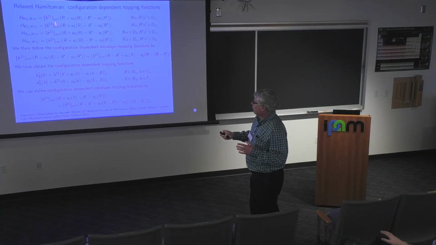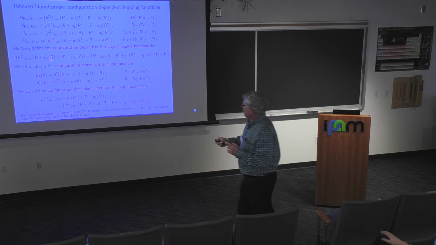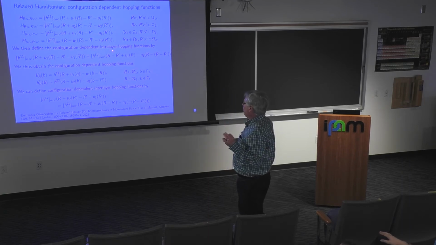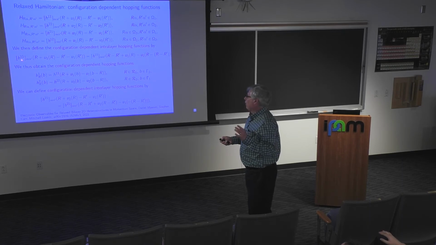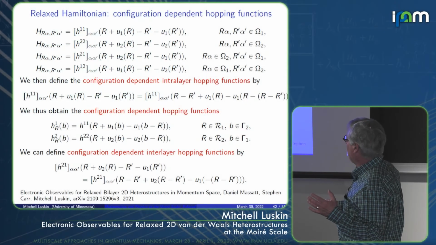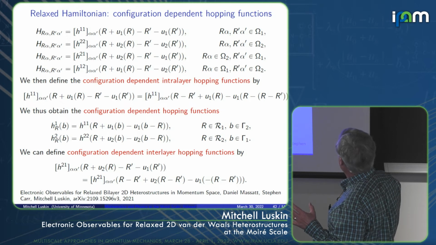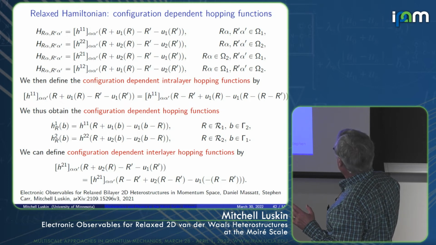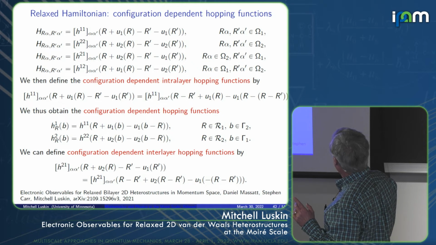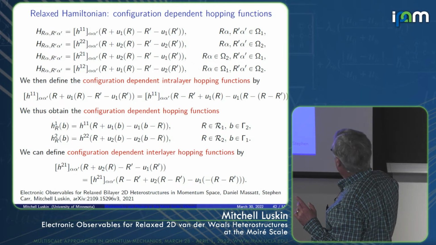These are your interlayer terms. Now eventually we're going to have what I call configuration dependent hopping functions. So here's the hopping function for layer 1, the intralayer hopping. We have to modify the distance between atoms, and then we can write that this way. Here, I've taken U1 of R and written it this way.